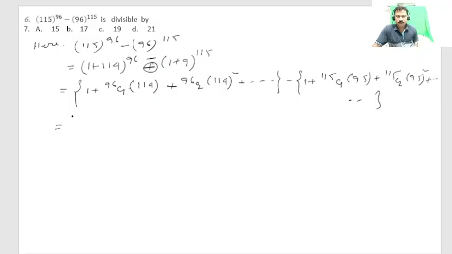Okay, if we calculate this, clearly this one and this one are cancelled out because in the middle is negative minus.